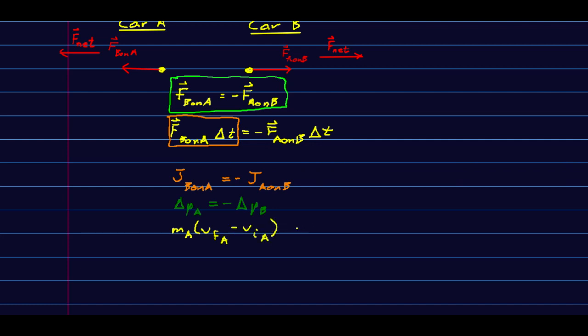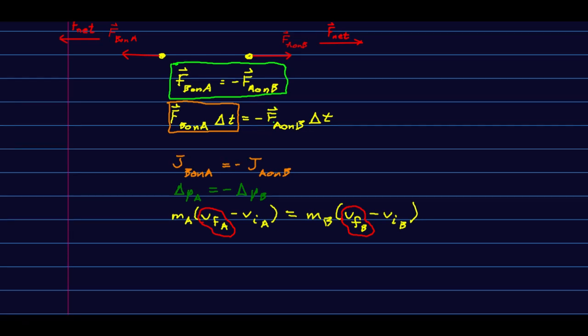There is the change in momentum of A, and that is equal to the negative of the change in momentum of B, which we can write this way. That seems useful because we at least know the initial velocities and we know the masses, but the problem is we still have two unknowns here. We don't know either of these final velocities.